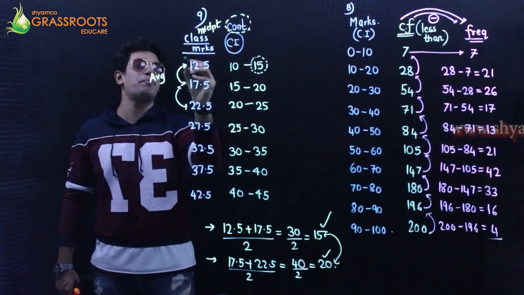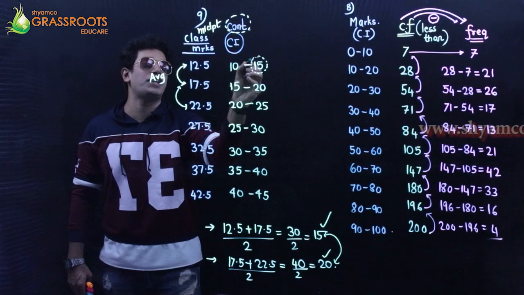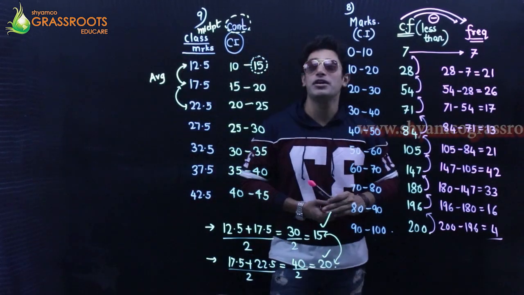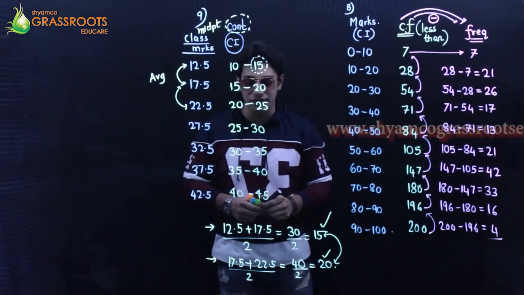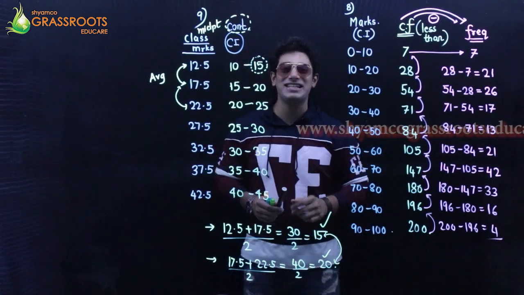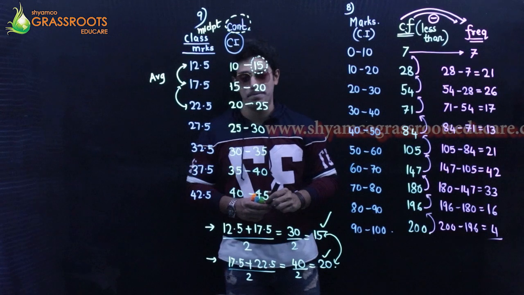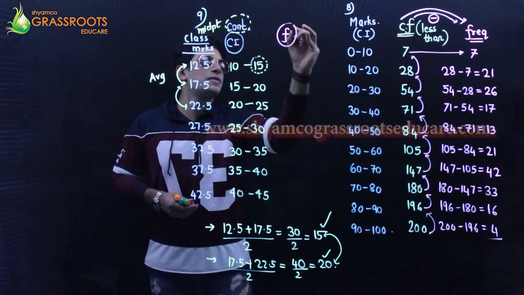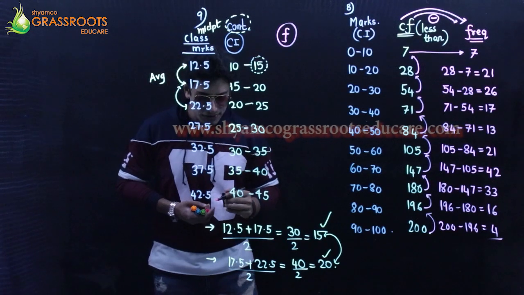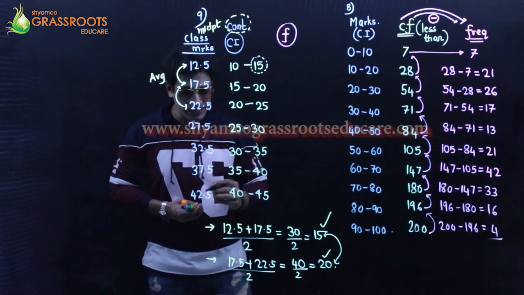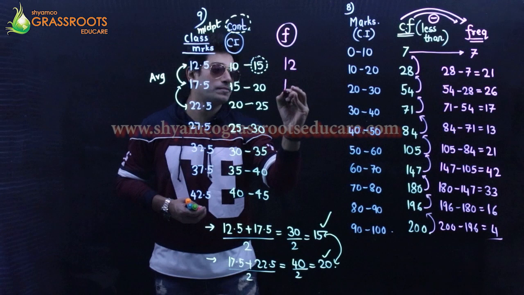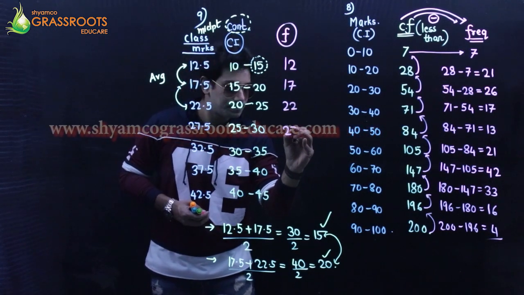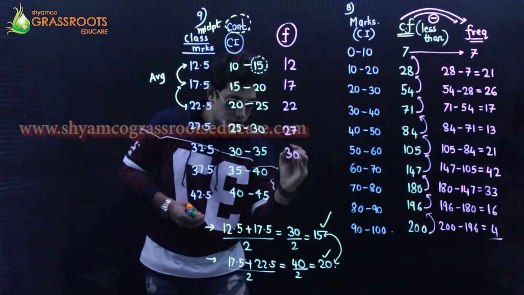So obviously 12.5 is a central value of 10 and 15. That's how I find out my continuous class interval, by taking the average of at least 2 of them. The frequency given to me is 12, 17, 22, 27, 30, 21, 16.